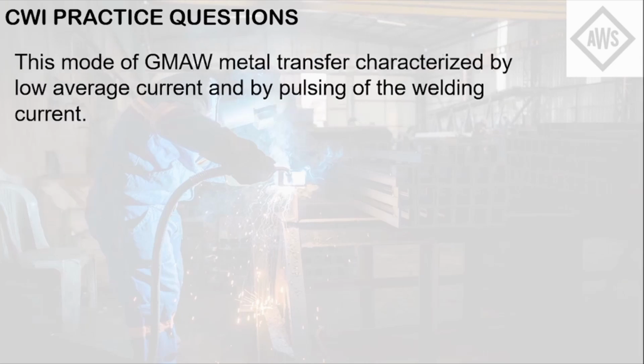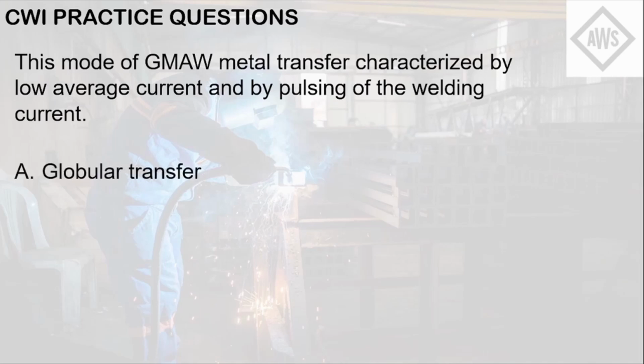Next question. This mode of GMAW metal transfer is characterized by low average current and by pulsing of the welding current. So the GMAW process has 3 main modes of metal transfer. You need to identify those because it's a common question in the CWI exam.